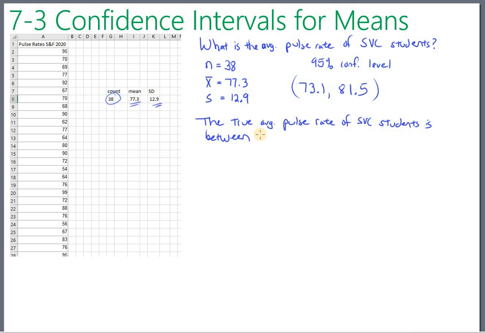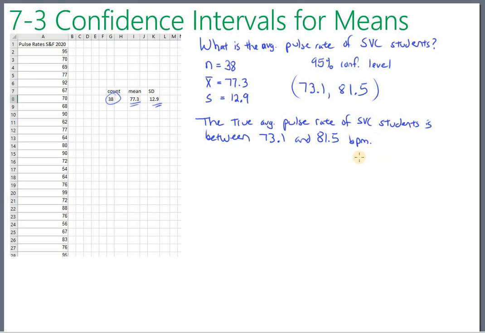Either one's fine. I was going to round to whole numbers, but I'm going to keep this. You just want it to be accessible to your reader. So I don't think 1 decimal place is too bad. It doesn't look too technical. It's between 73.1 beats per minute and 81.5 beats per minute. Okay, something like that.